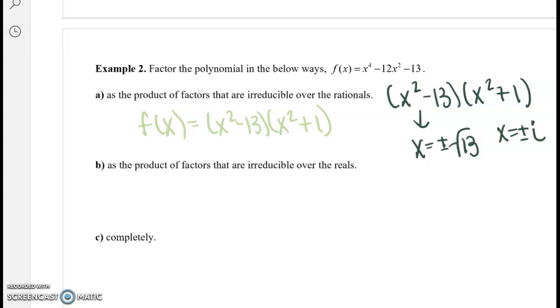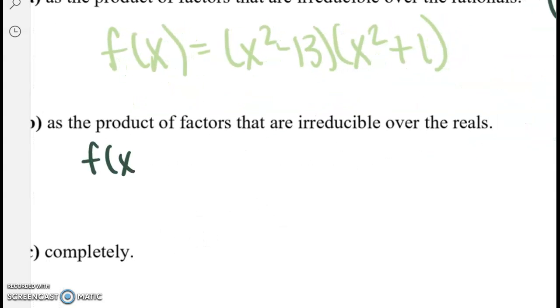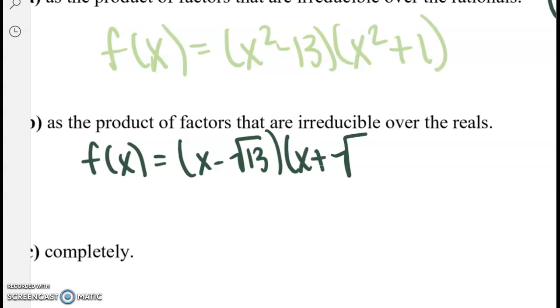Now going a little further, that can include my square roots. So I can't have imaginary numbers because imaginary numbers are not real. So just factoring a little further, we've got x minus root 13 and x plus root 13. And if we're still in the reals, then we've got to keep it as x squared plus 1.